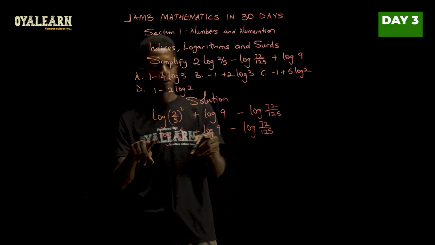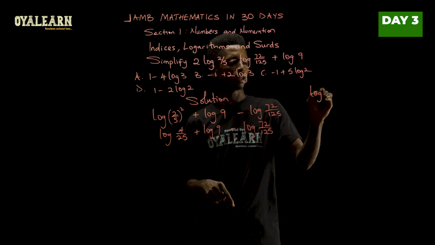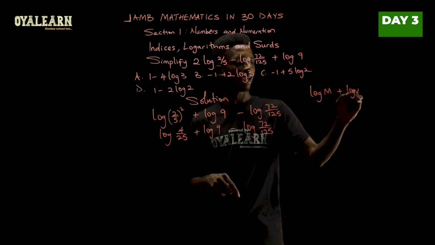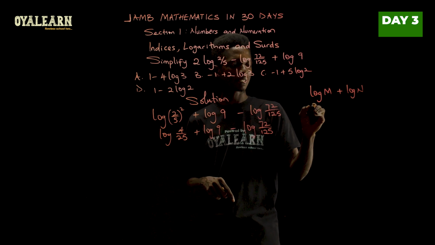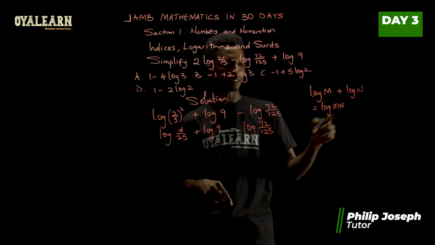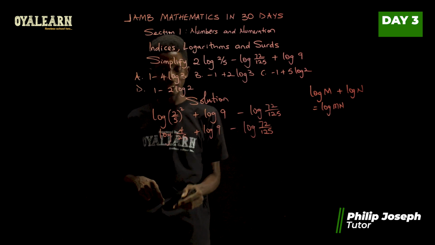Now when you have something like this, recall that log m plus log n, when they have the same base, would give you log mn. So that is, you're going to multiply 4 over 25 by 9.